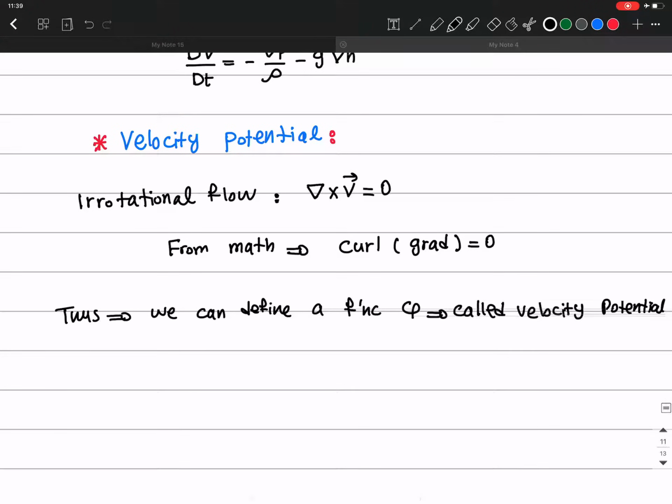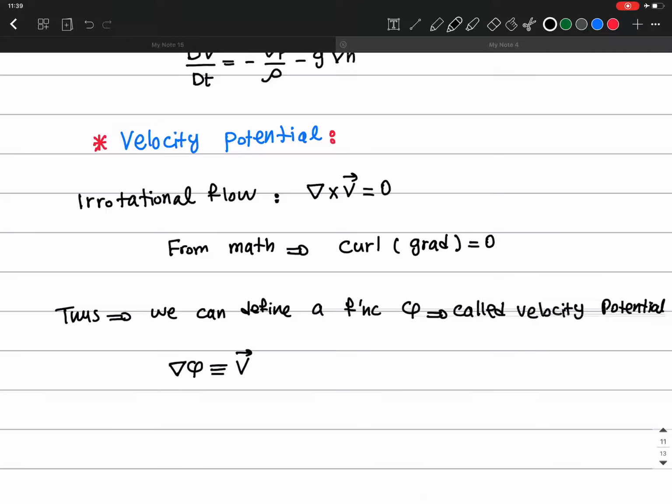We define this phi such that grad phi is just the velocity vector. So we define a function whose gradient is velocity, and this will satisfy the irrotational flow condition, right?